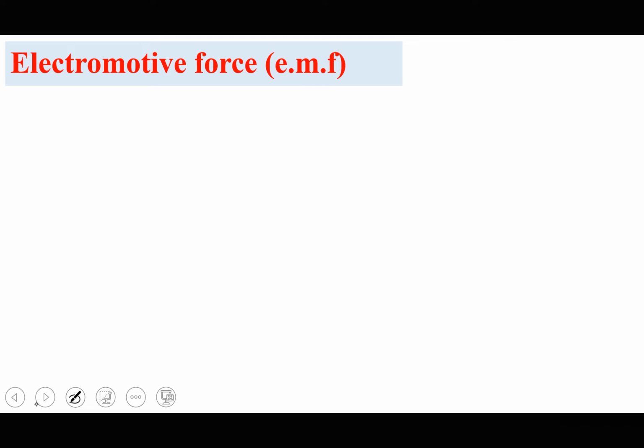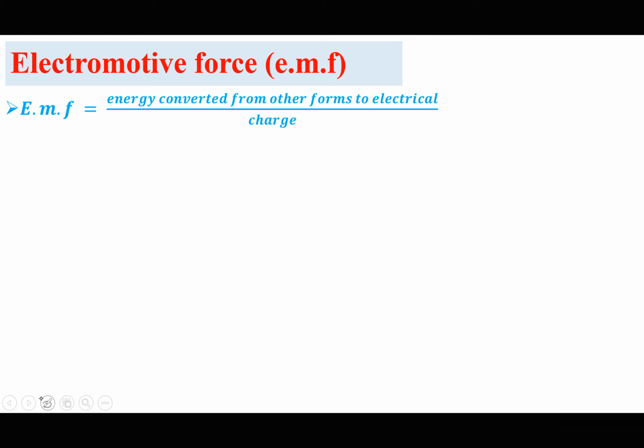Before we explore the difference between EMF and PD, I just want to summarize the difference. EMF will be the energy converted from other forms to electrical. In most cases, it is energy converted from the power supply to electrical.